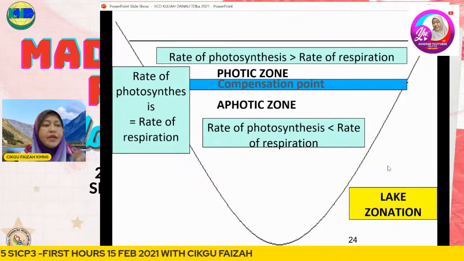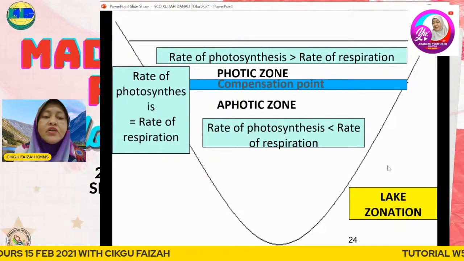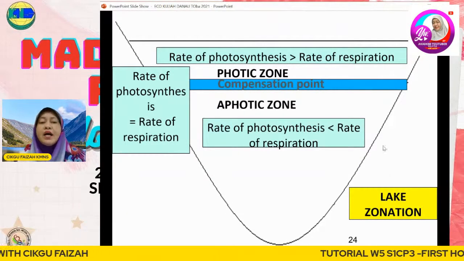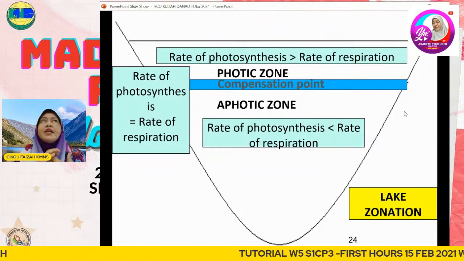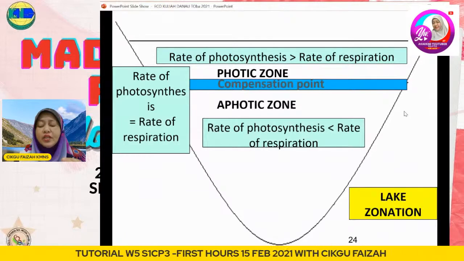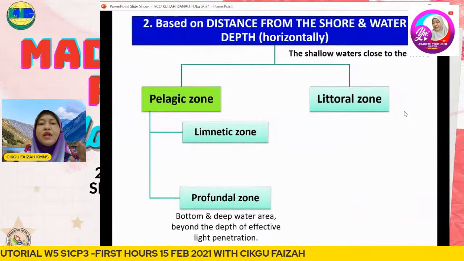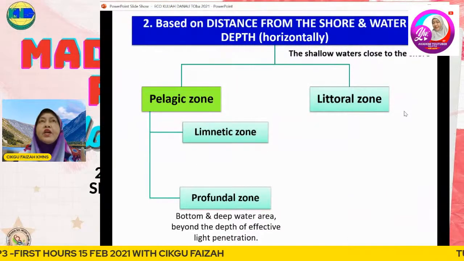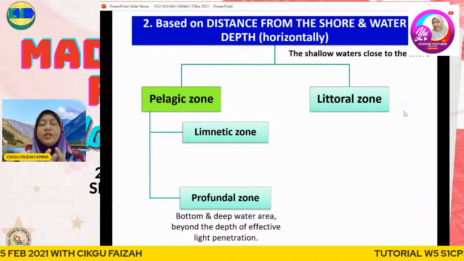Alright, so kita continue kelas. Start from that concept of photic zone and aphotic zone. Okay, kita nak pergi pula kepada distance. Kalau based on light ada dua, photic and aphotic.